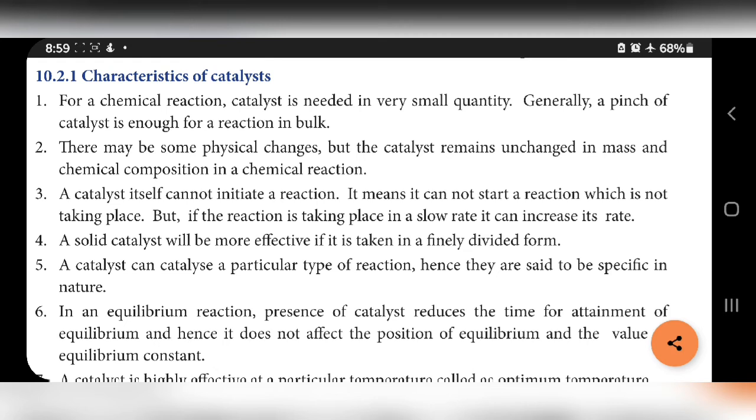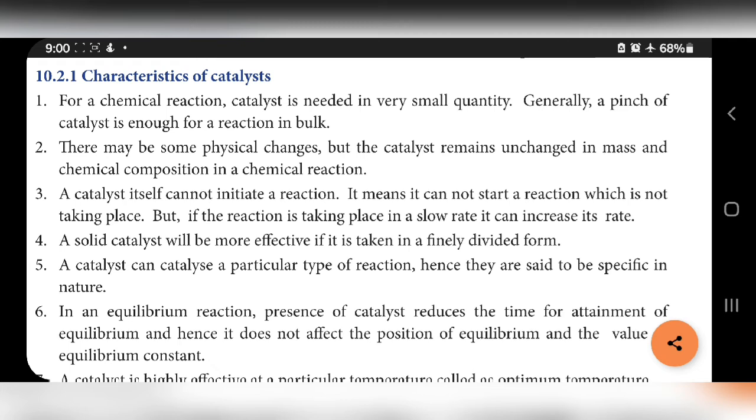If a reaction already takes place at a slow rate, it can increase the speed of the reaction. This is the third point.